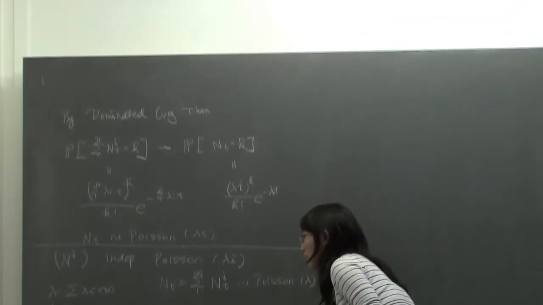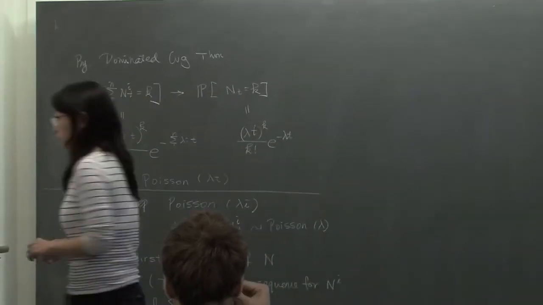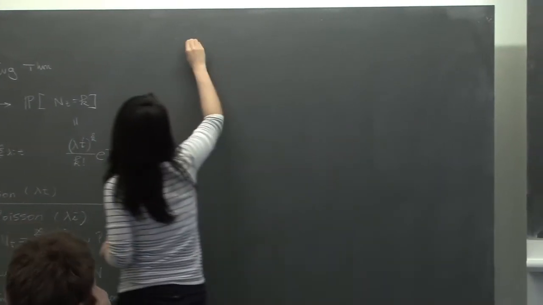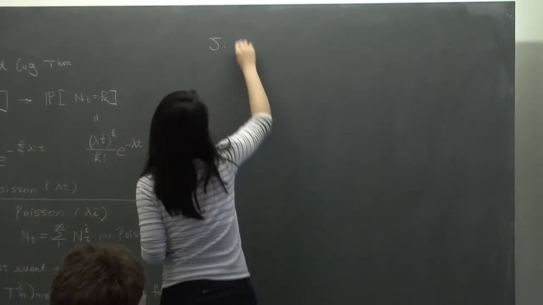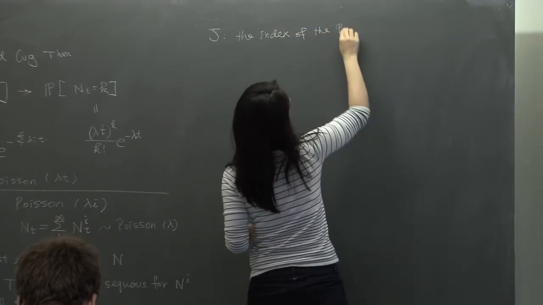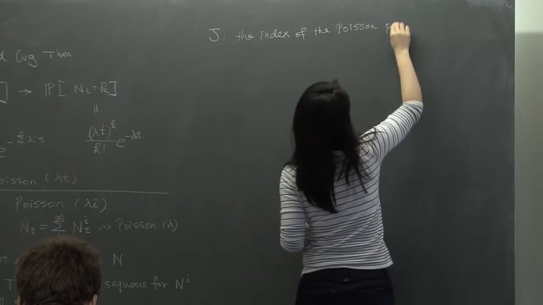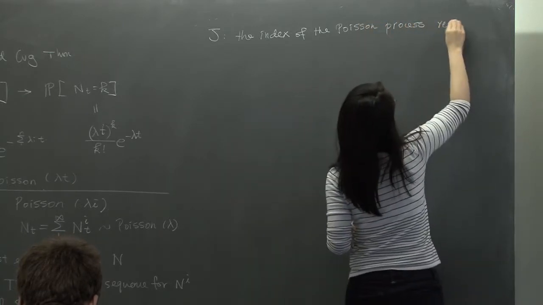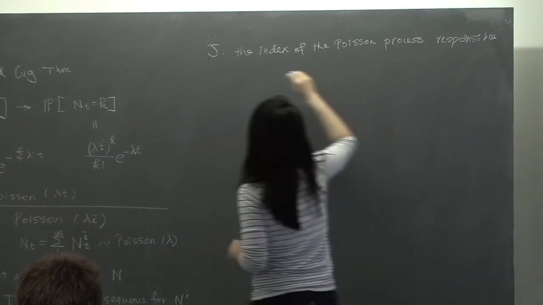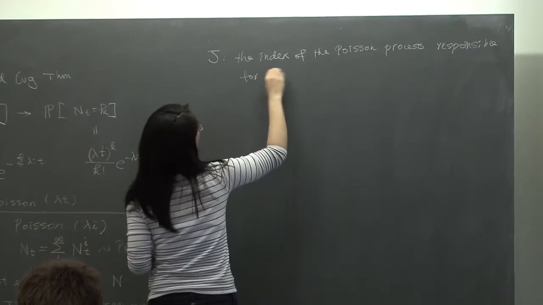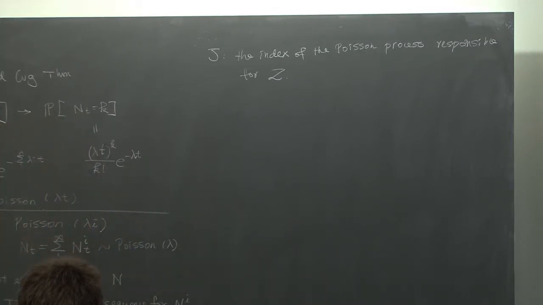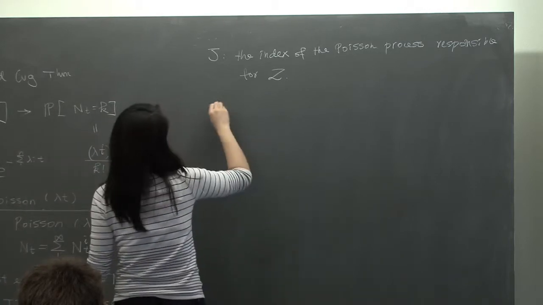And another notion is called J. J is the index of the Poisson process responsible for the happening of Z. Suppose that we only have a finite number of Poisson processes, so suppose everything is finite.